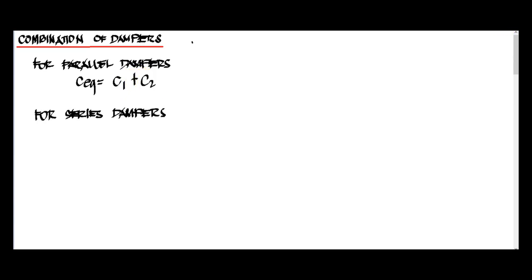For series dampers, 1 over the equivalent damping constant will be the summation of the fractions of your dampers, 1 over C sub 1 plus 1 over C sub 2.